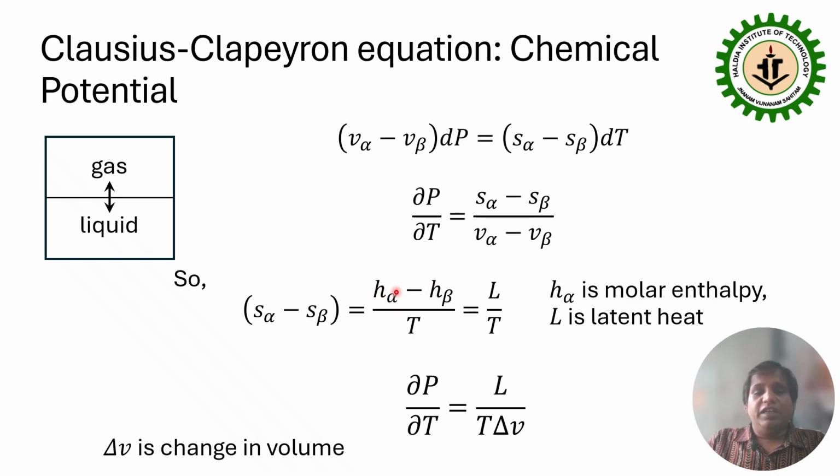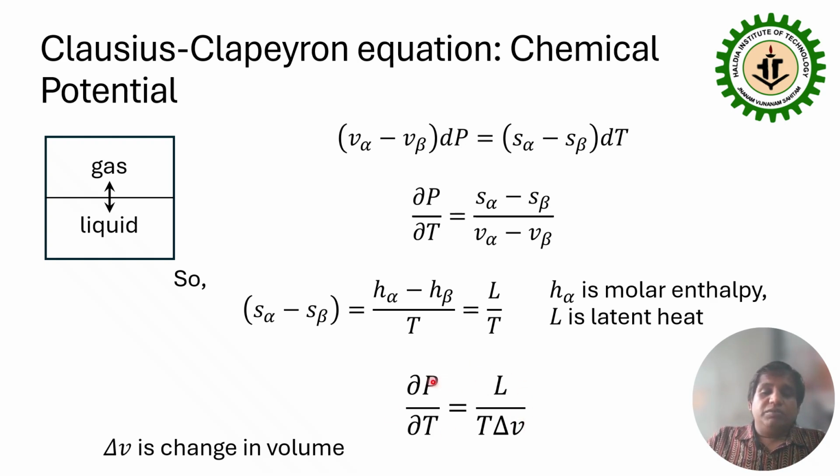This is the molar heat content of the α component minus the molar heat content of the β component, which is the change in molar heat content for the phase transition, and this is nothing but the latent heat. So by substituting, we can say that dP/dT is nothing but L divided by TΔV, which is the Clausius-Clapeyron equation, where ΔV is the molar volume change.